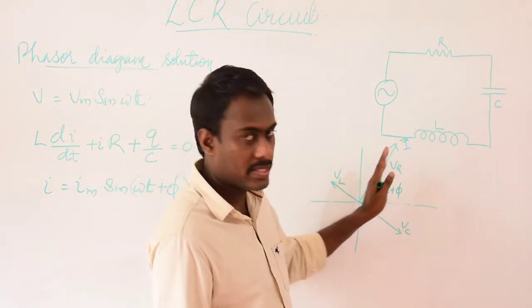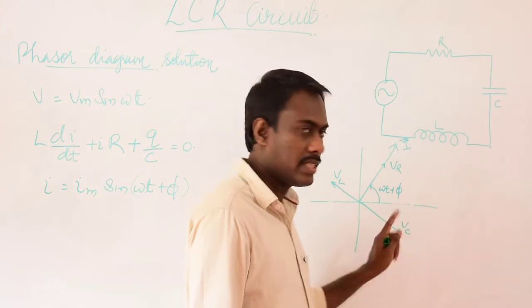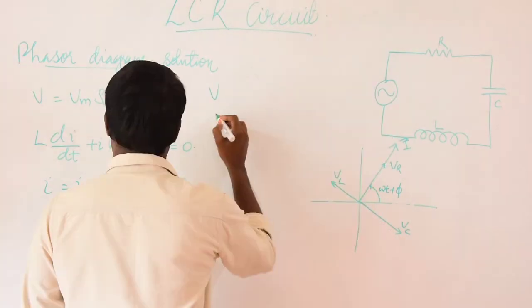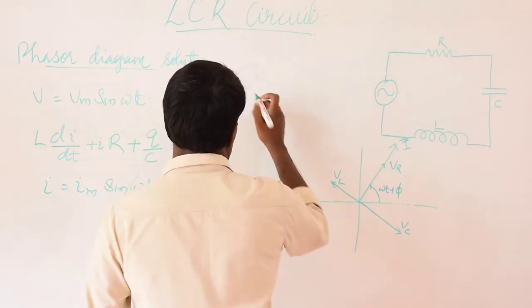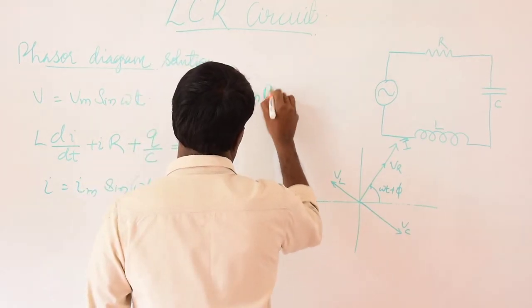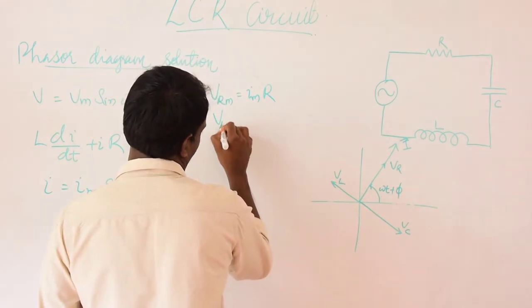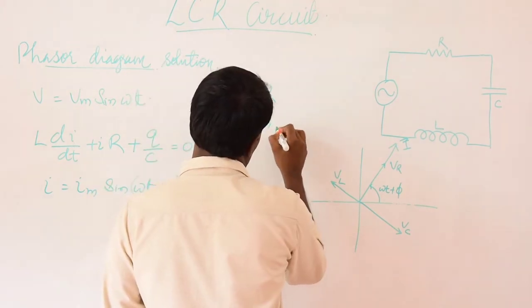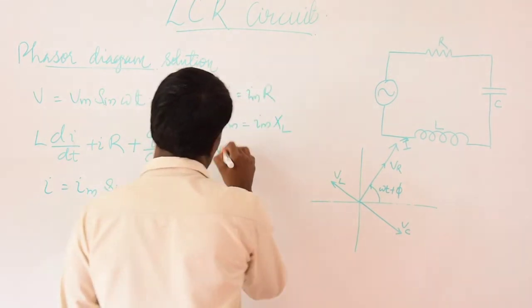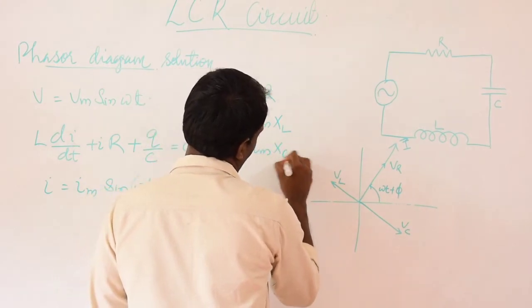The lengths of the phasors of amplitudes VR, VL and VC can be written as VRM is equal to IM into R. The same way for the inductance, VLM is equal to IM into XL, and VCM is equal to IM into XC.